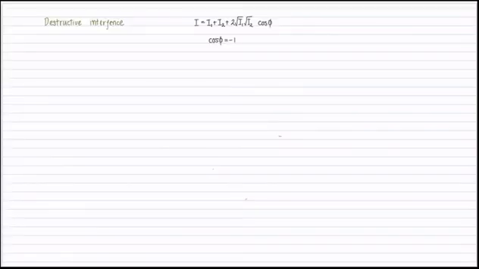Since we need destructive interference, in order to achieve it, my cos phi term should be negative. This should be minus 1. If cos phi is minus 1, that means it is the smallest value of cos phi, then this interference term will also be the smallest.